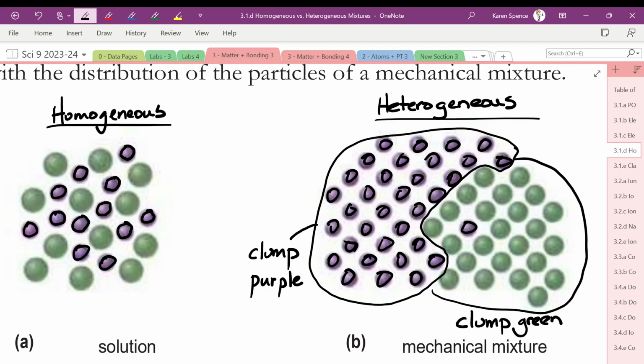Let's just say that the purple particles taste like grape. Yes? This area has the property tastes like grape.